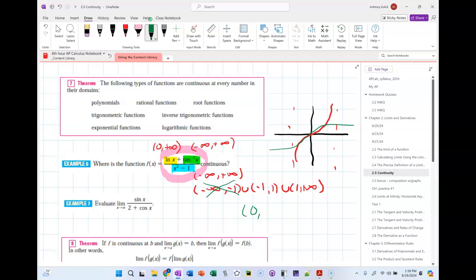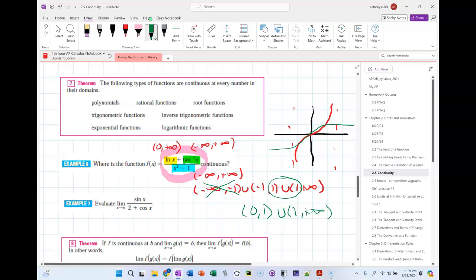But then I can't have 1, because that's a problem for the rational function. But then anything bigger than 1 is fine. So that would be my domain: 0 to 1, and then 1 to infinity. Any x from that I can plug into that function and get something to come out.